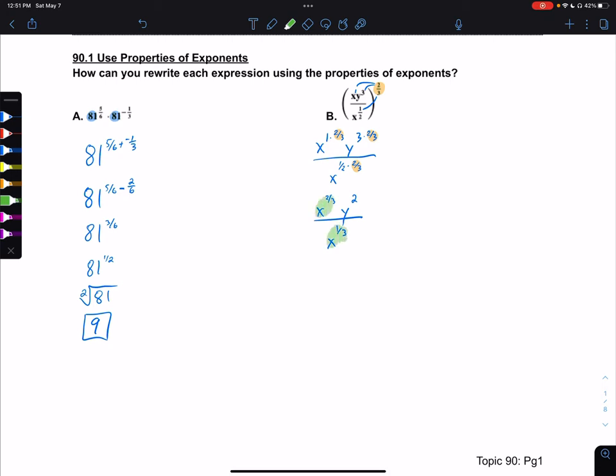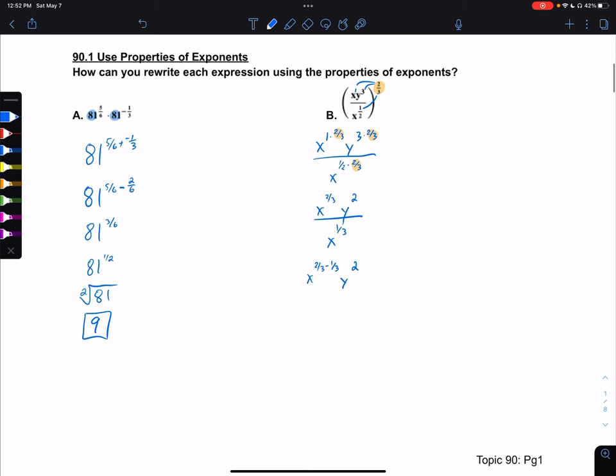So our next property would be a subtraction property here. All right, so I'm going to unhighlight those. So we would do x to the 2/3 minus 1/3, and then the y squared would just come along. You can't do anything else with that. So 2/3 minus 1/3, that would be x to the 1/3 power, y squared.